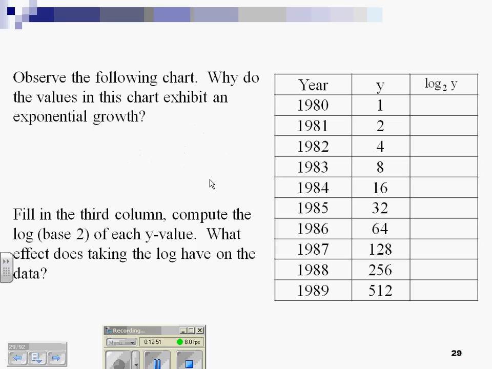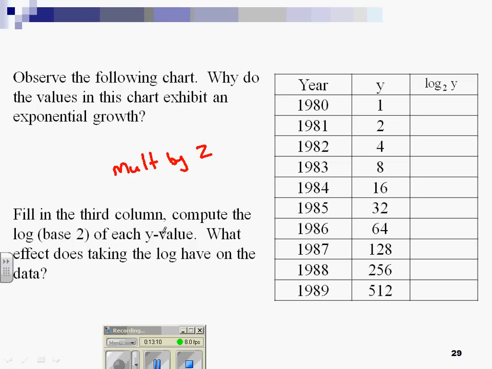Okay, so observe the following chart. Why do the values in this chart exhibit an exponential growth? Well, notice this was what we did earlier. 1, 2, 4, 8, 16, 32. They're multiplying by 2 every single time.